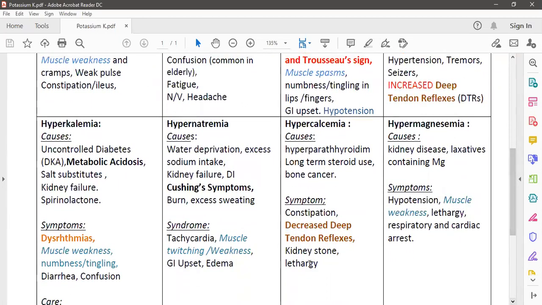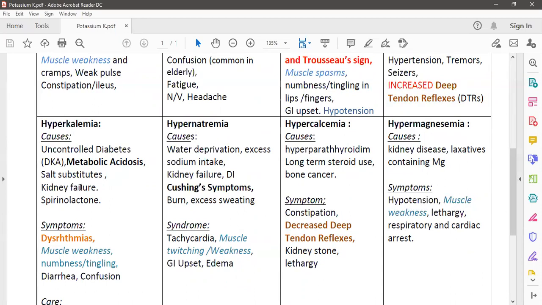Salt substitute, kidney failure, and spironolactone. Spironolactone is a potassium-sparing diuretic. Potassium-sparing, which holds on to the potassium, right?